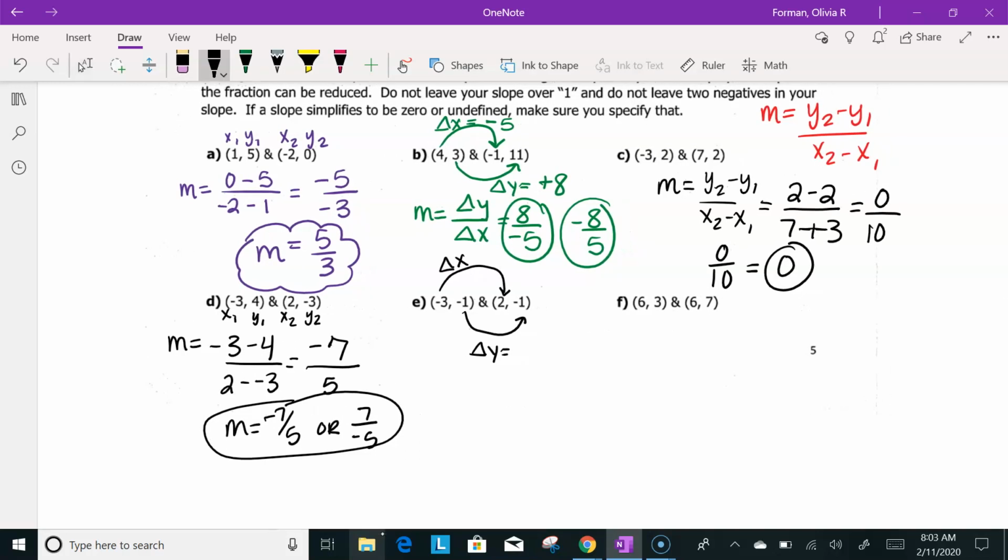So from negative 1 to a negative 1, I changed by 0. To go from a negative 3 to a 2, I changed by 5. So if my slope is change in y over change in x, my change in y was 0, my change in x was 5, my slope ends up being just a 0.